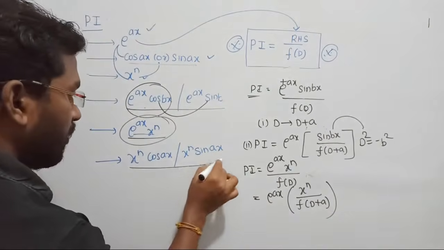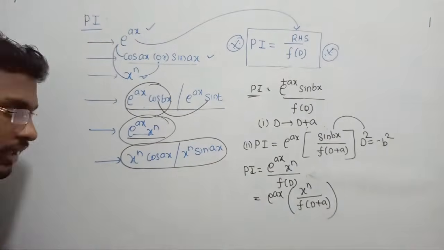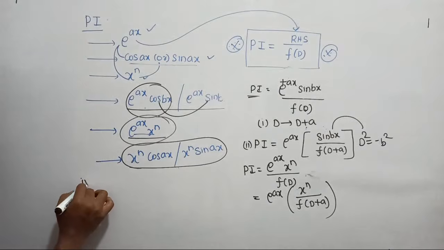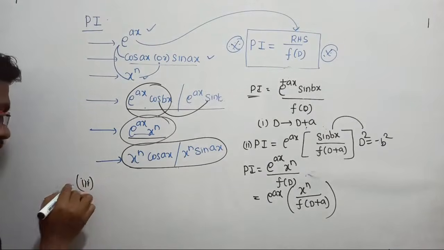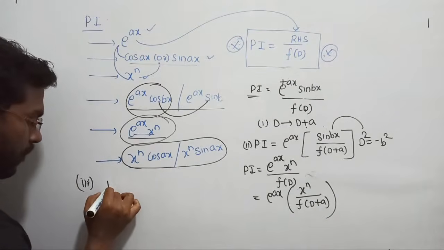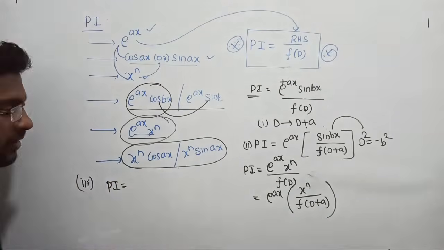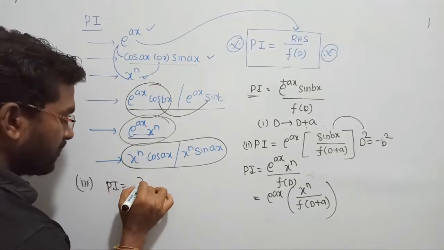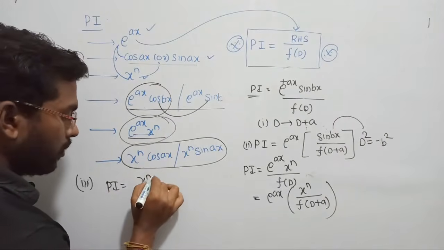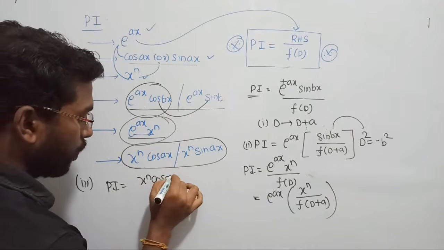Sir, so when equations like this come, let's see, that is the final one, the third one. In the equation, once again your particular integration can be written as follows. First we consider the RHS: what is here, x power n into cos ax, there is no doubt, right?